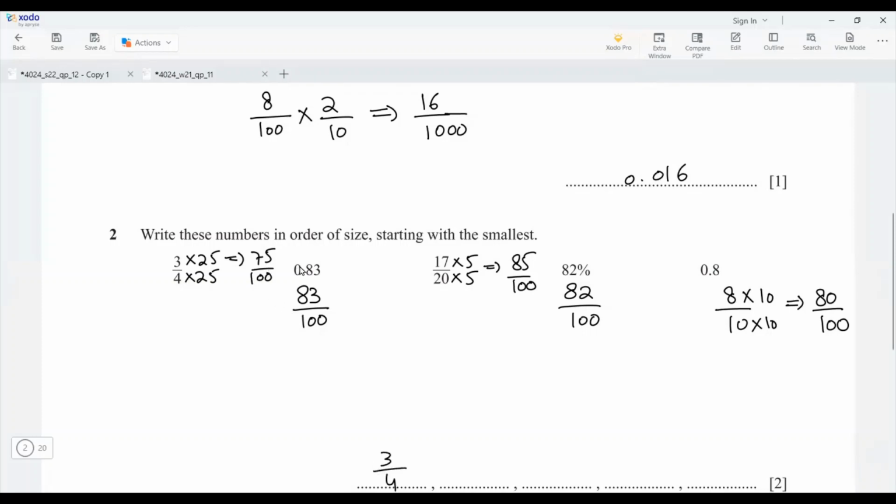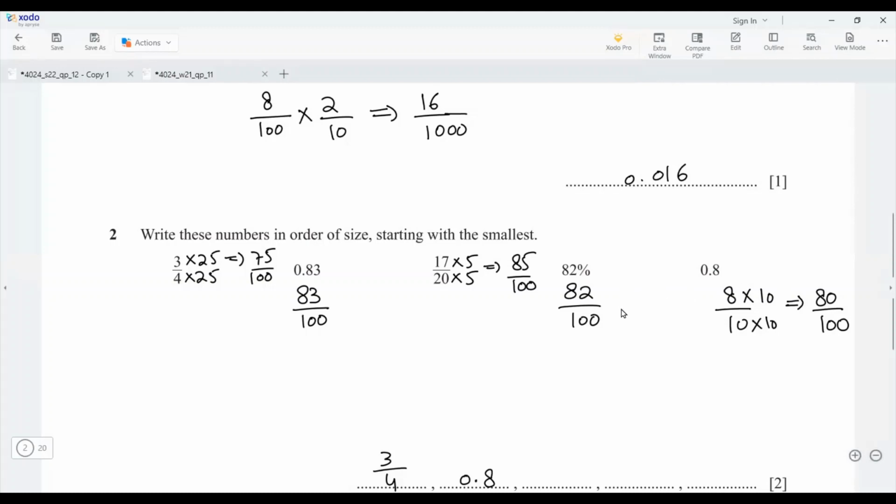What is the number after 75 that is the smallest? We can check that it is 80. 80 over 100 is basically written in the question as 0.8, but write down the exact thing that is given in the question. We don't have to write the fraction. We have to write the decimal if it is given as 0.8. What is the numerator after 80?